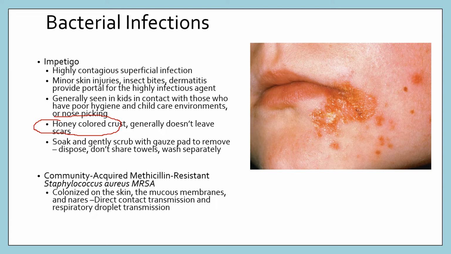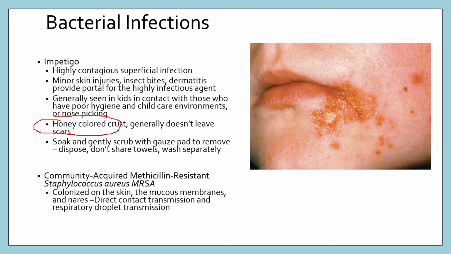You don't want to scratch this off or scrub it off. You can soak it and gently wipe it off with gauze, but then wipe and throw away, wipe and throw away. You don't want to keep using the same piece of gauze or washcloth. It's very contagious, so you can reinfect or infect other kids in the house with it.